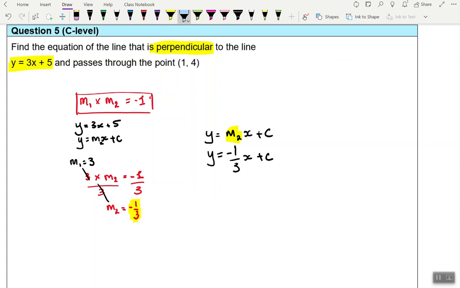Now, we're not quite done yet. We know that it passes through the point 1, 4, and you will use that to find c. Once we've found that, that will be the equation that is perpendicular to our original equation, y equals 3x plus 5.